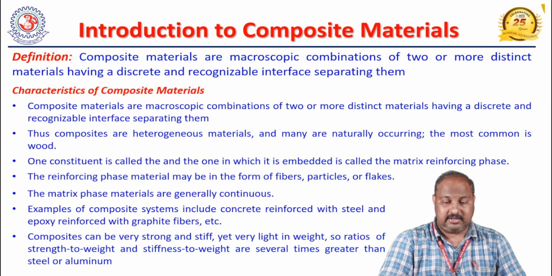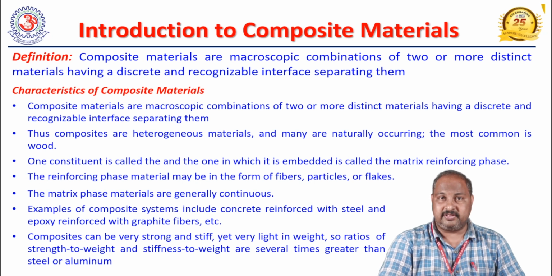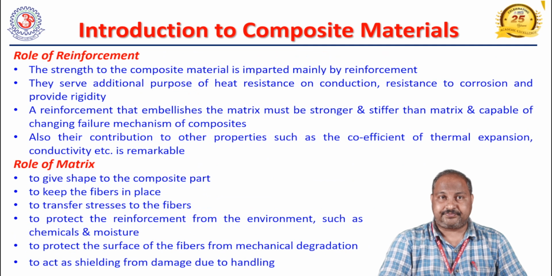Their strength-to-weight and stiffness-to-weight ratios, that is, specific strength and specific modulus, are several times greater compared to steel and aluminium. These are notable characteristics of composite materials.